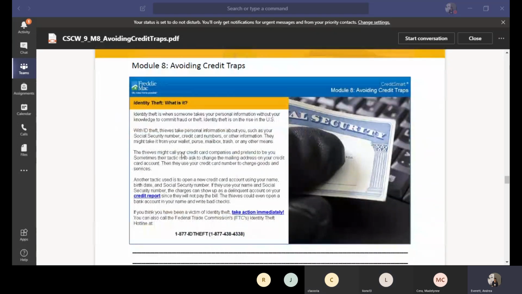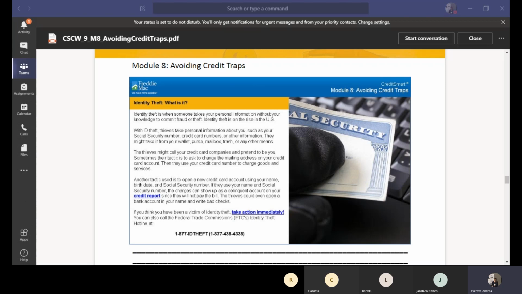So moving into identity theft, what is it? Identity theft occurs when someone takes your personal information without your knowledge to commit fraud or theft. And with identity theft, thieves take personal information about you, such as your social security number, credit card numbers, or other information.